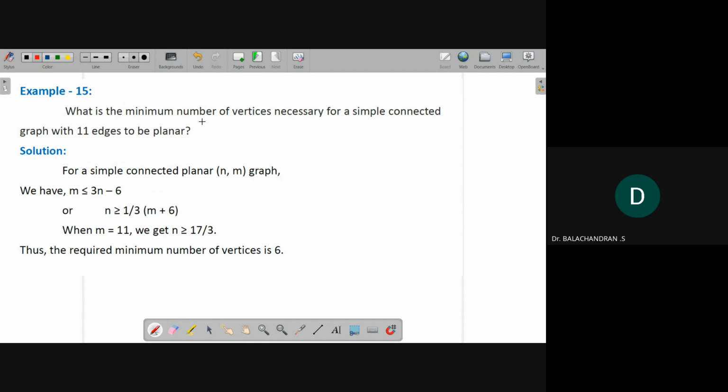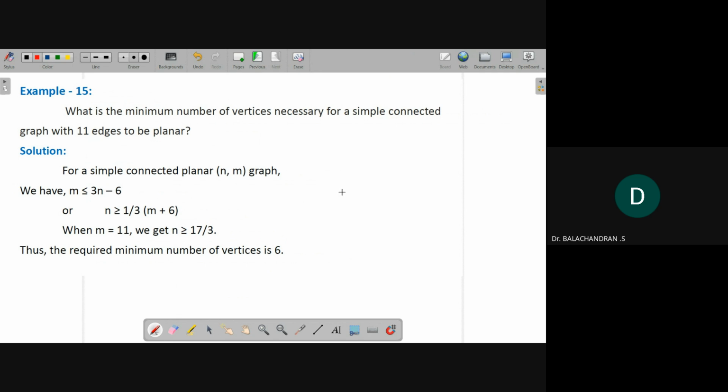So what is the minimum number of vertices necessary for a simple connected graph with 11 edges to be planar? If it is a planar (n, m) graph, meaning n vertices and m edges, then m is less than or equal to 3n minus 6.